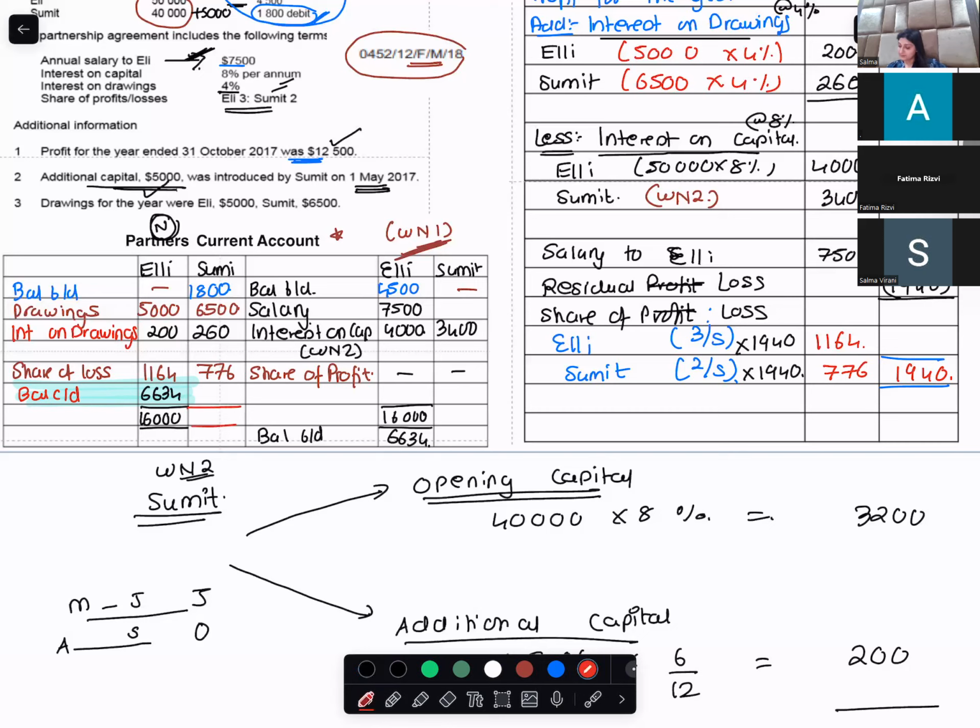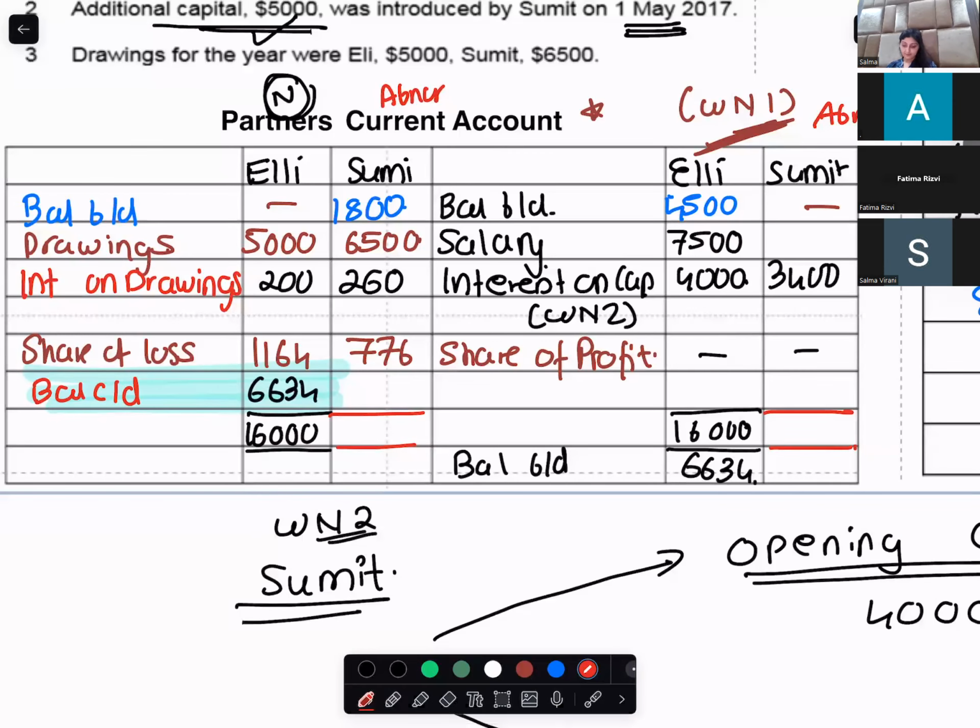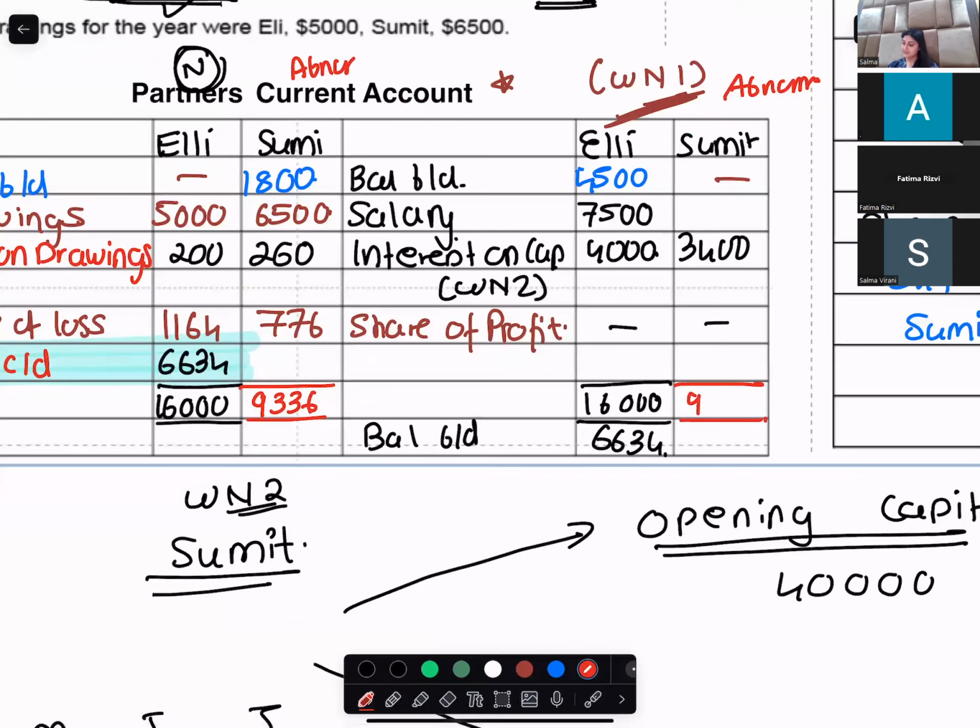Now for Sumit. Which side is more? Debit is more. So this is an abnormal balance. What is the total of your debit? 1,800 plus 6,500 plus 260 plus 776. 9,336.